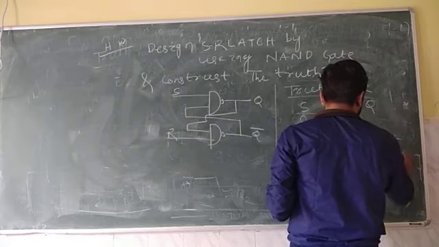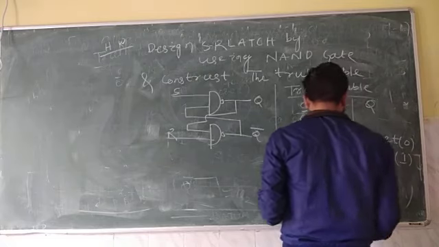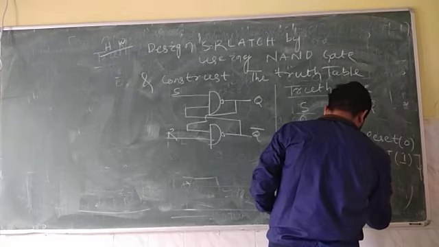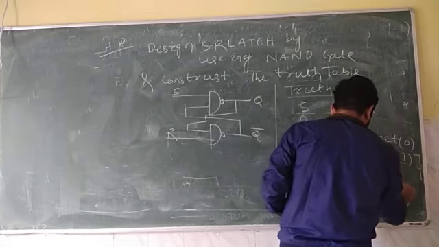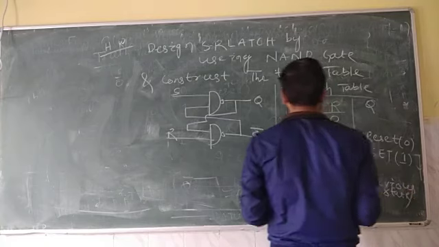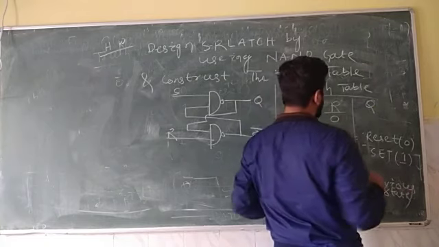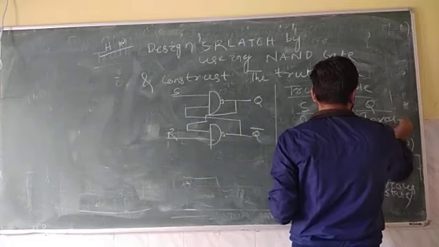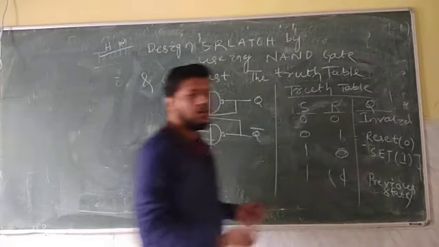Set means output is 1. Reset means output will be 0. 1 1 means your previous state, memory. When S is equal to 0, R is equal to 0, this is invalid. Never apply 0 0 to your NAND gate.